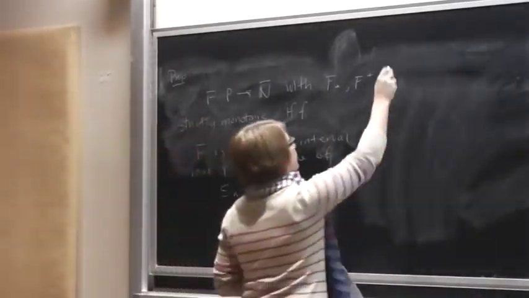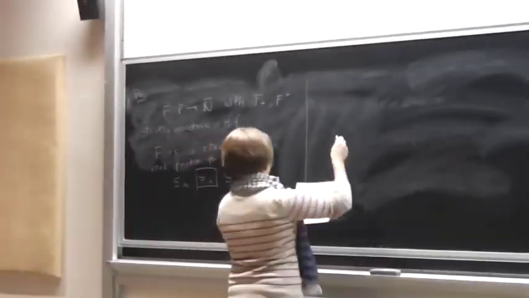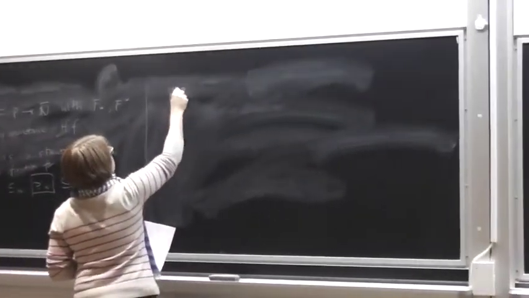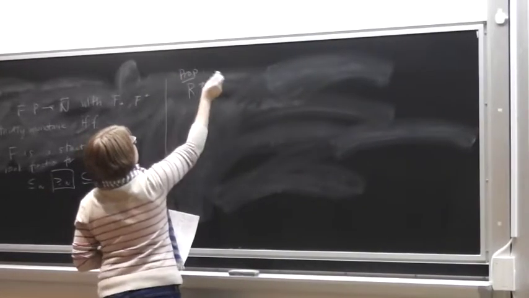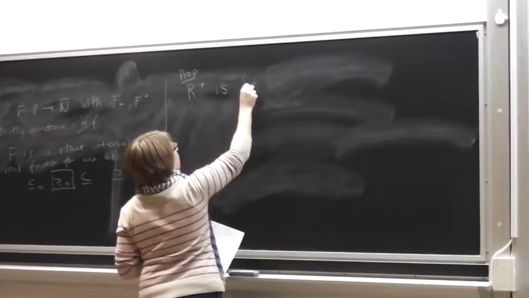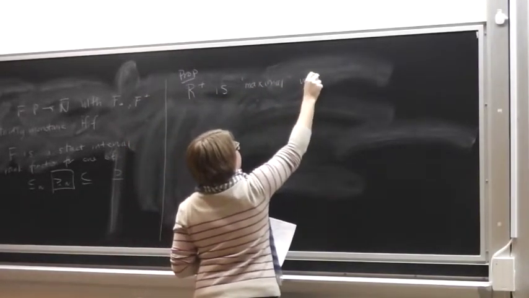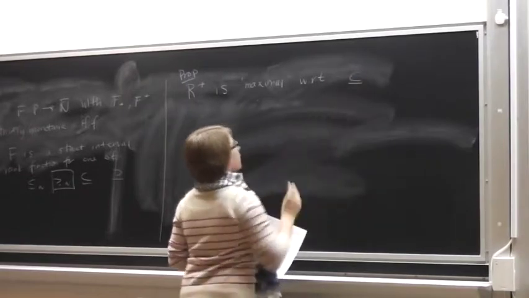And then something else that we found that's interesting that kind of motivates why this is canonical is the following other proposition, that R plus is somehow maximal with respect to the subset order.